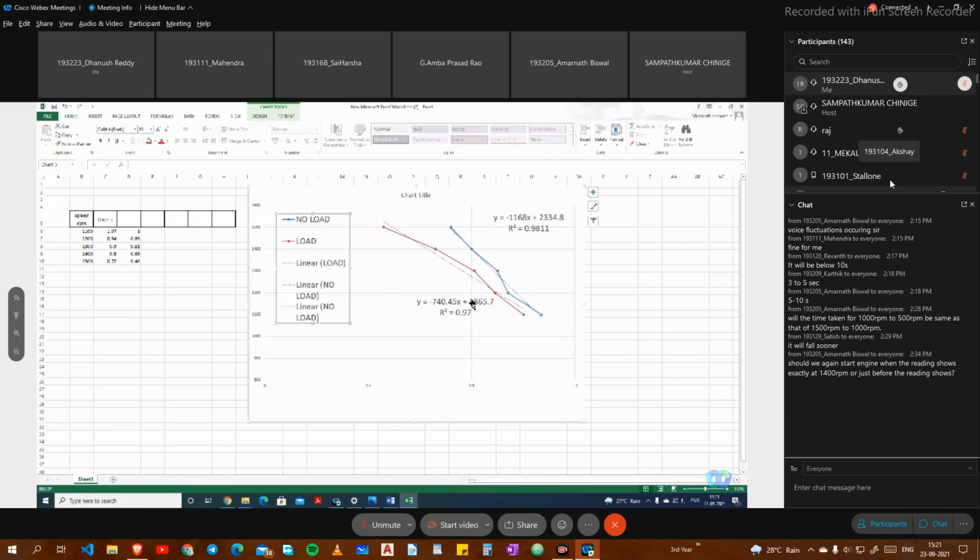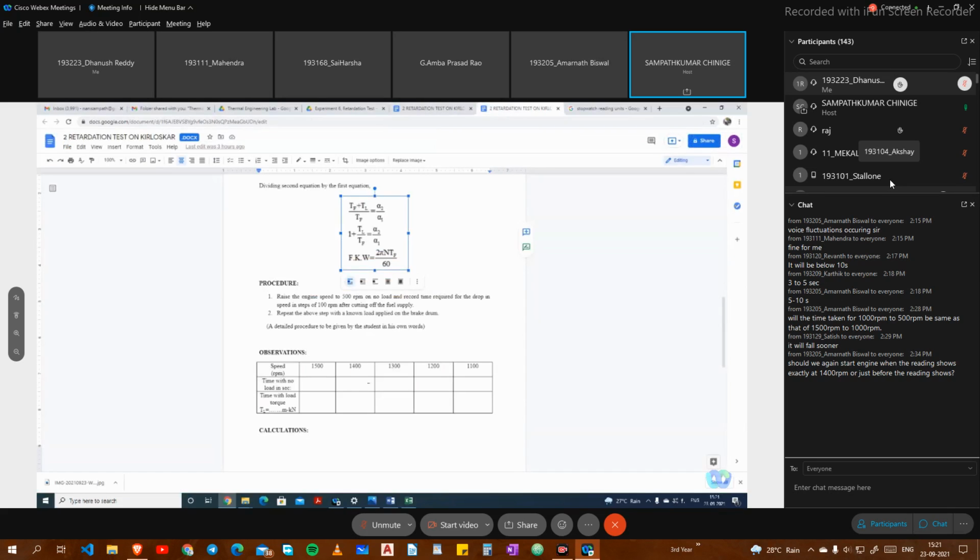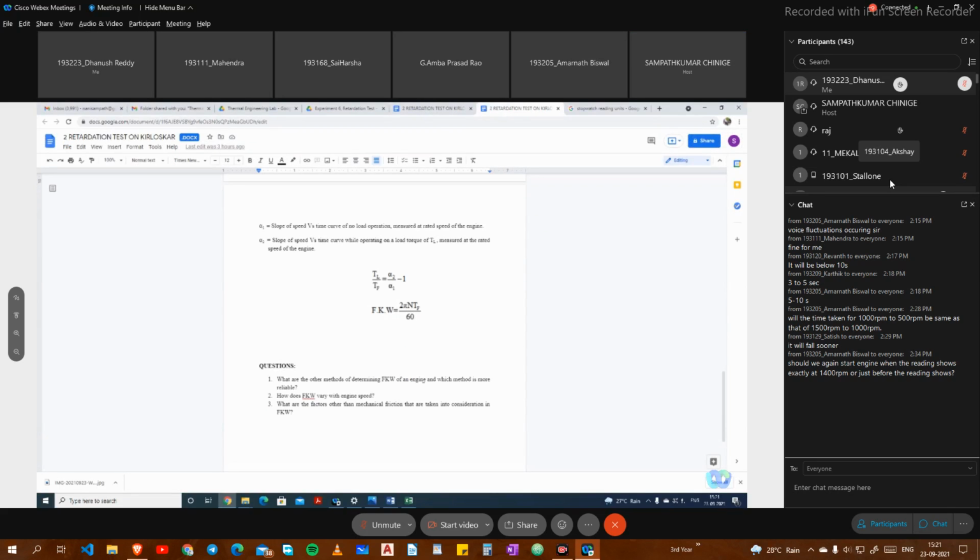So you have to find out the omega 1 from the slope of this best fit curve, and then you have to use that in the equation. Correct. So from this they have to find out TL by TF equivalent to alpha 2 by alpha 1 minus 1, sir. And then from that they'll find out TF and then FKW.